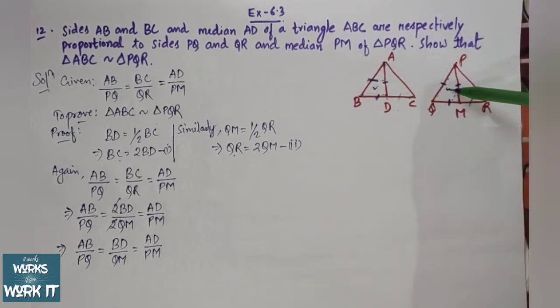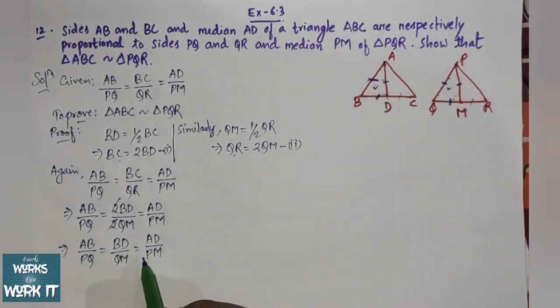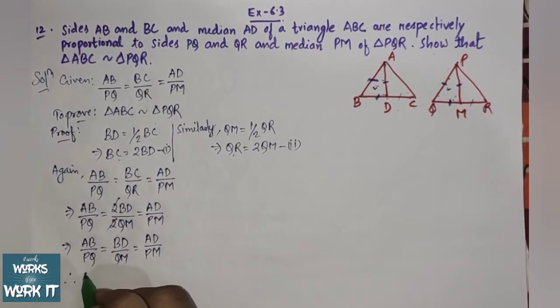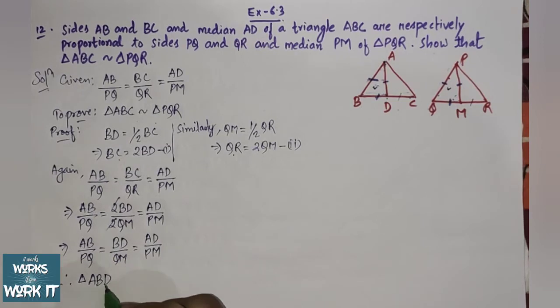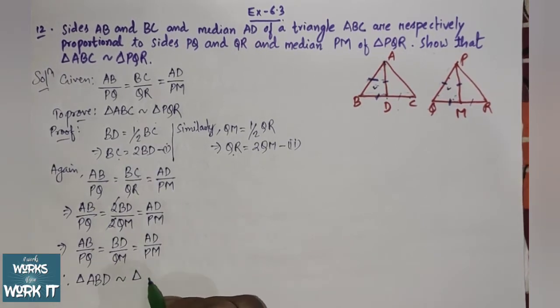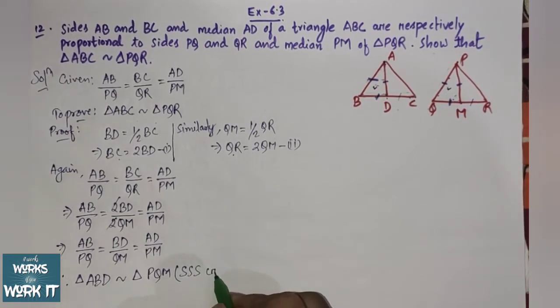Using the SSS criterion, three sides of both triangles are proportional. Therefore triangle ABD is similar to triangle PQM, by the SSS criterion.